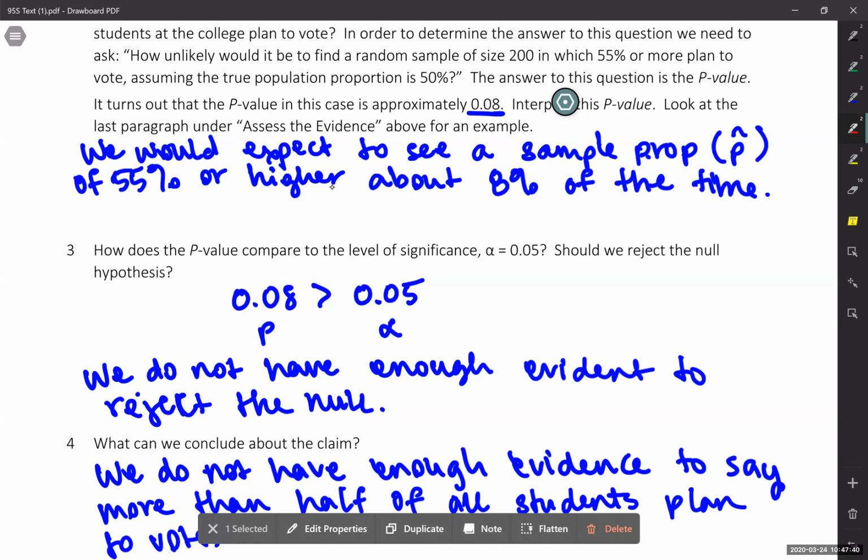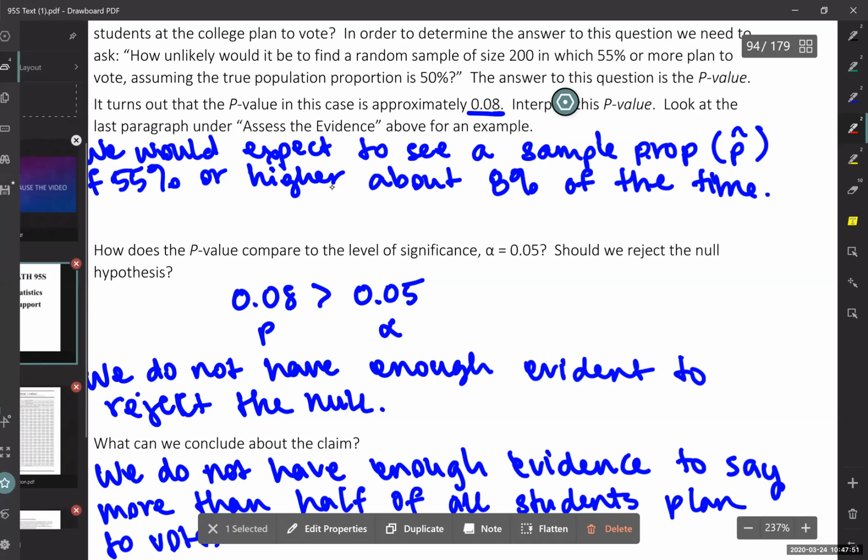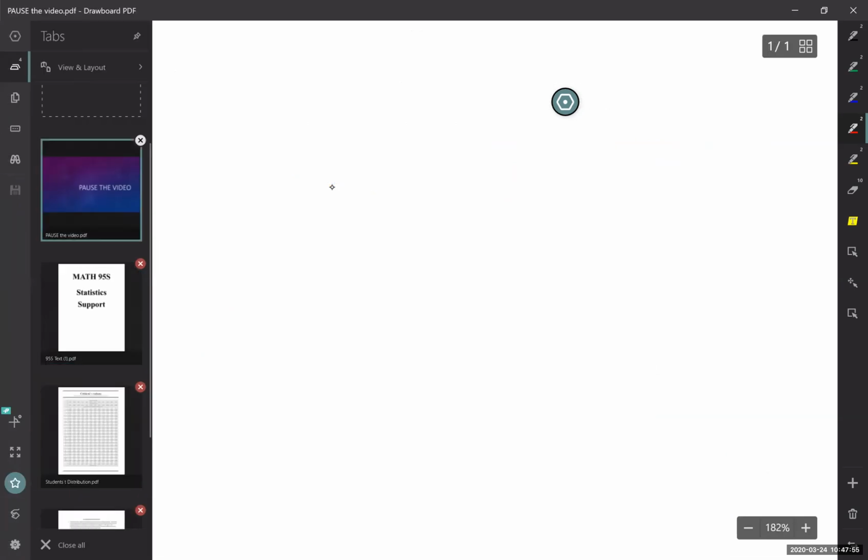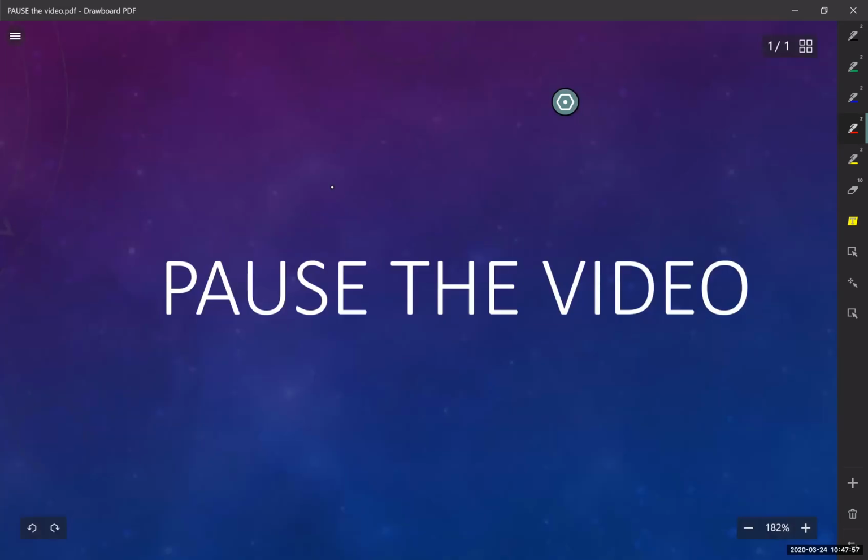Okay, so the next section is on errors, which I am skipping, but what I want you to do now is pause the video, go ahead and work on page 93, numbers 1 through 3, and then when you're done, come back and check your answers.